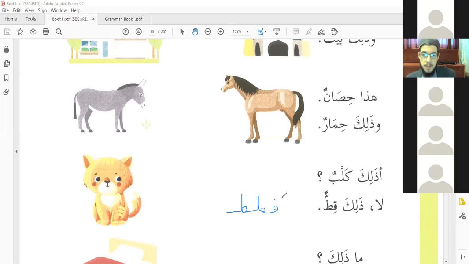What happens when something has a shadda is simply that the first one has a sukoon, and the second one gets the harakat, whether it's dhammatan, in this case, qittun, or a fatha in another case, or anything like that. So does that answer your question?